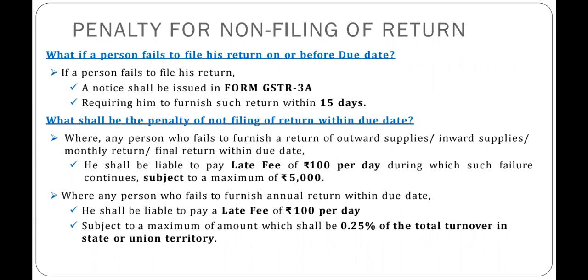You can't say that you were busy with some work and so didn't file the return. If you do that, you will have to face a penalty. If a person fails to file his return, a notice shall be issued in form GSTR 3A, requiring him to furnish such return within 15 days.